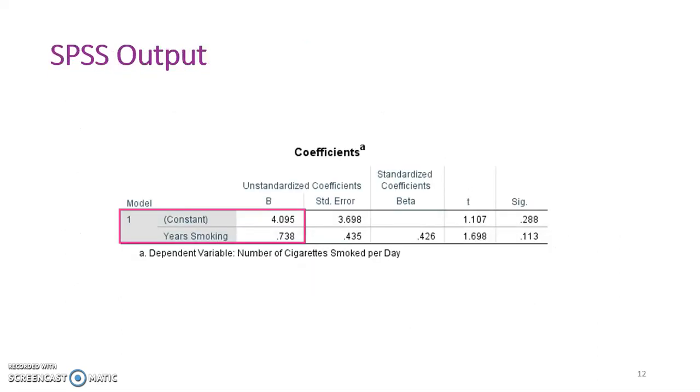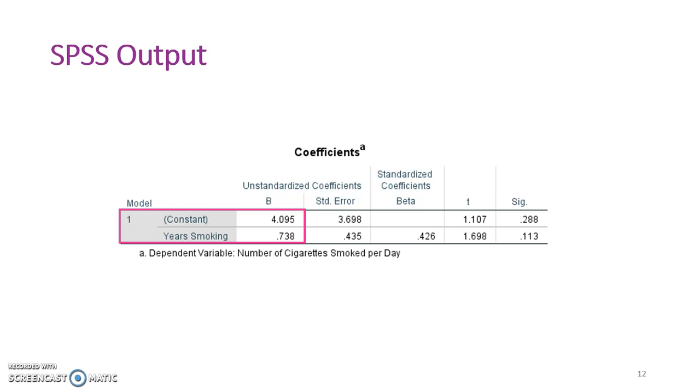Now, the SPSS output actually also gives us these coefficients. I've shown you the formulas and how to calculate them, but if we run this in a computer program, we don't have to calculate the estimates. We can get them from the output, and I've highlighted where they are here. You'll see that the first row in this table says constant, and that essentially means intercept.